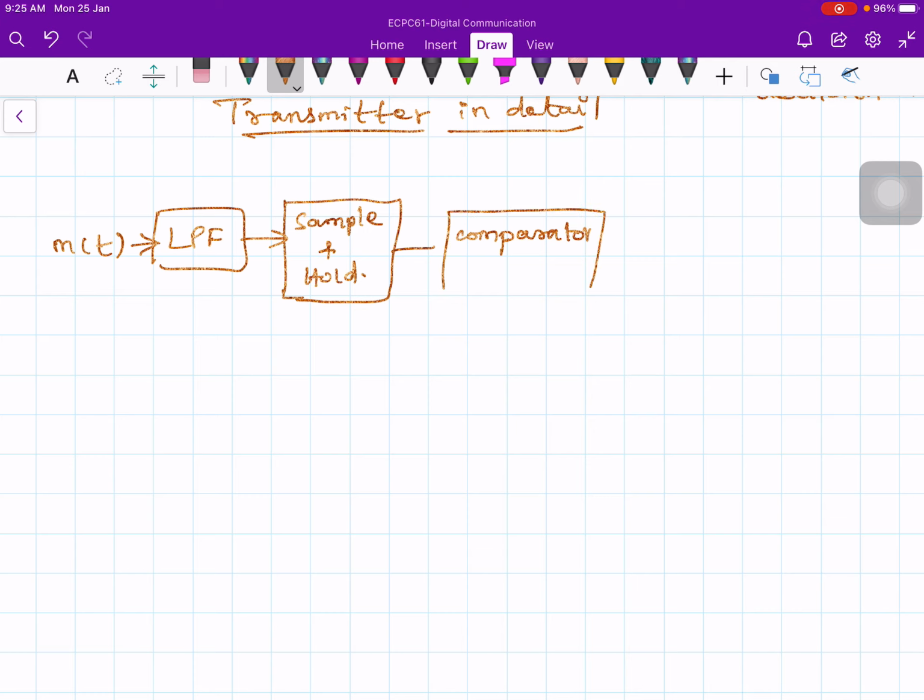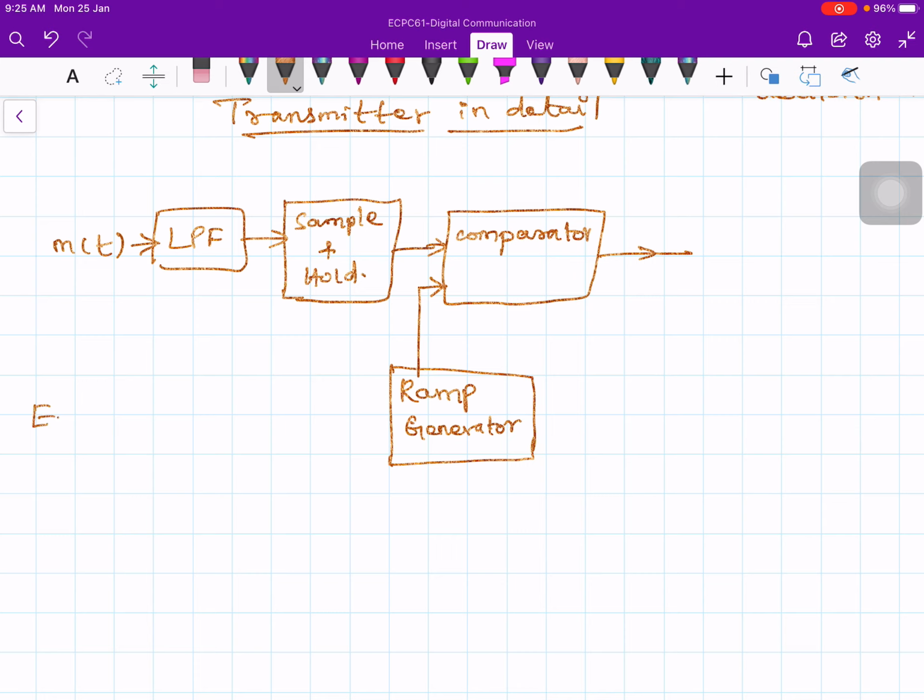Comparator, and comparator output. Here you have a ramp generator, and the output of the ramp generator is given to the comparator.